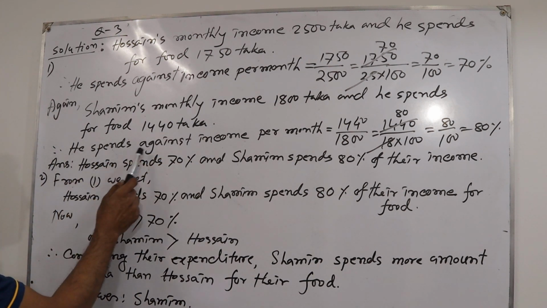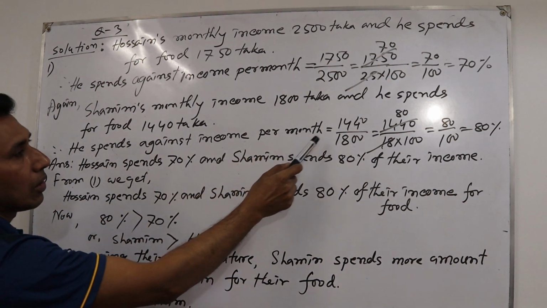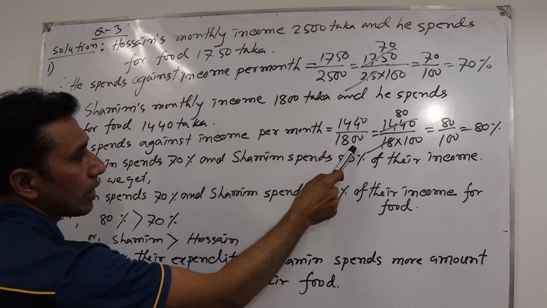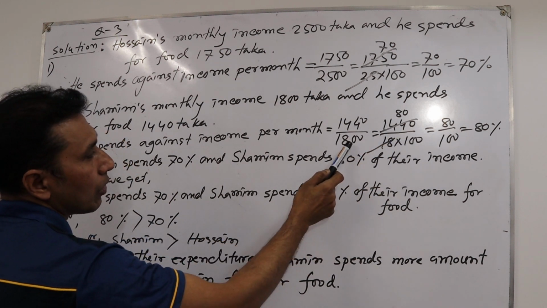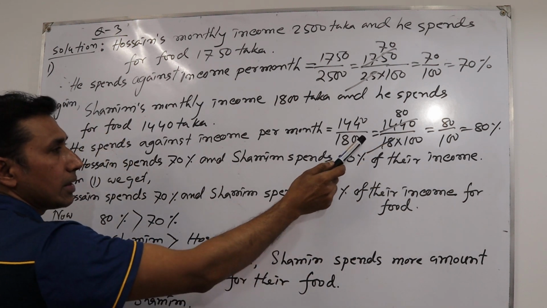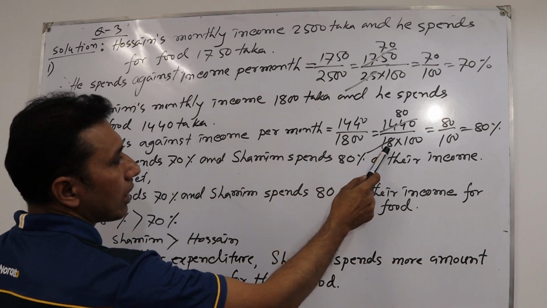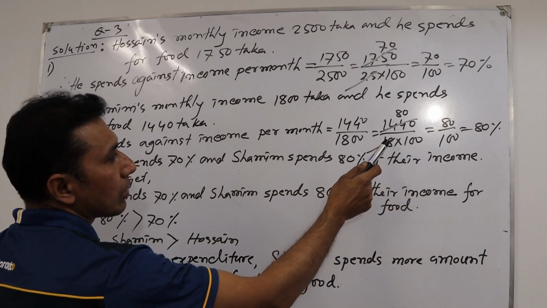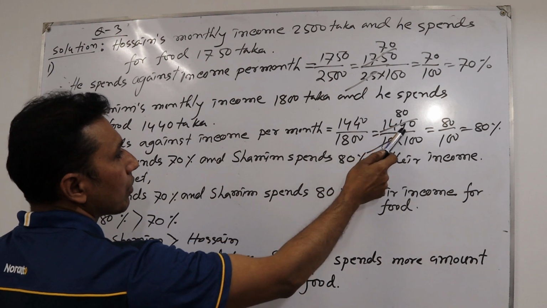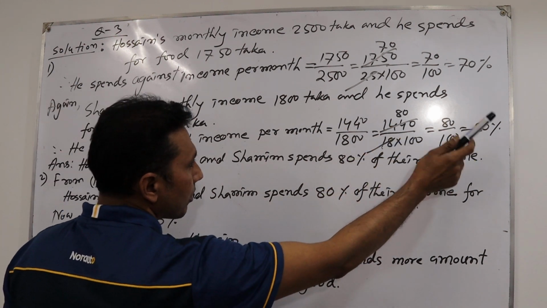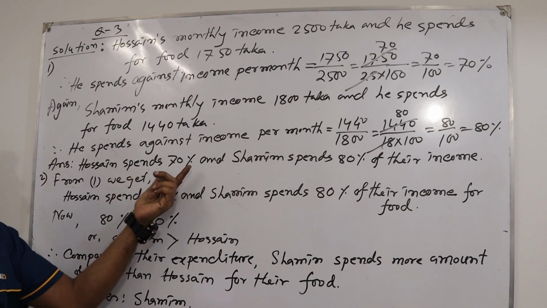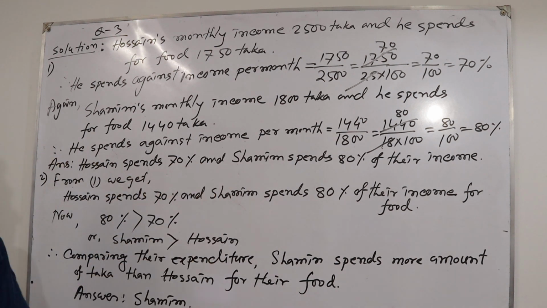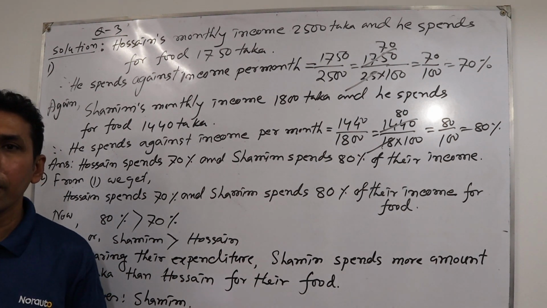Therefore he has spent against income per month 1440 divided by 1800. 1800 is 18 into 100, and 1440 over 1800 equals 80 by 100, that means 80%. So the answer is that Hossain spent 70% and Shamim spent 80% of their income.